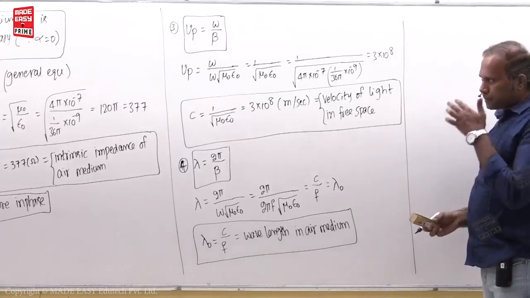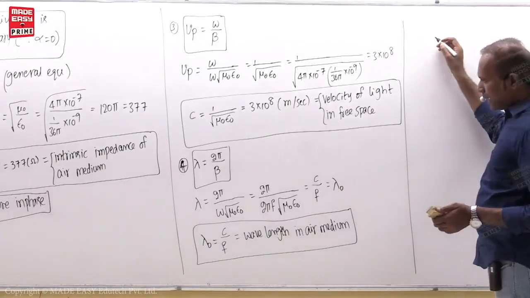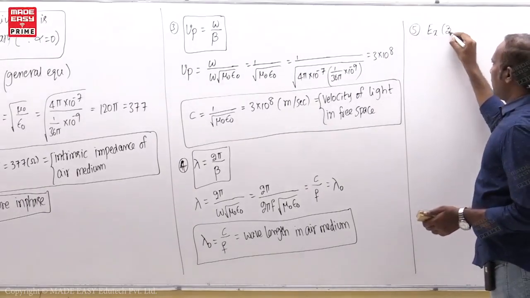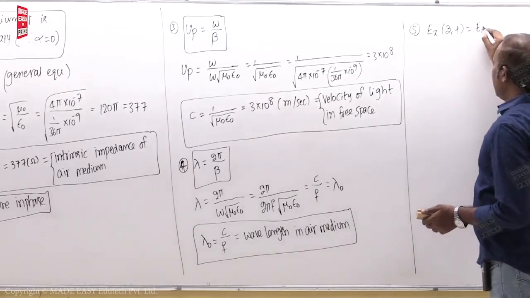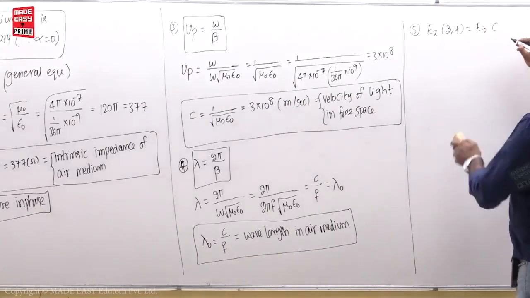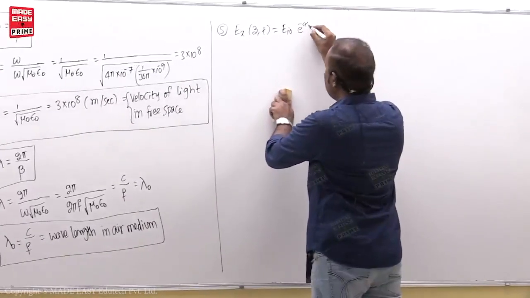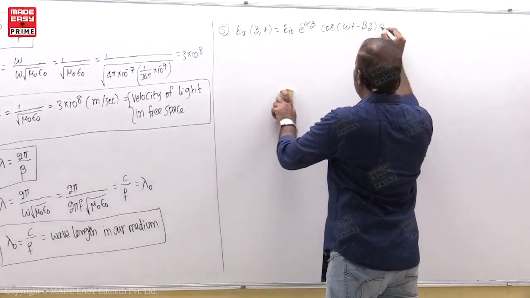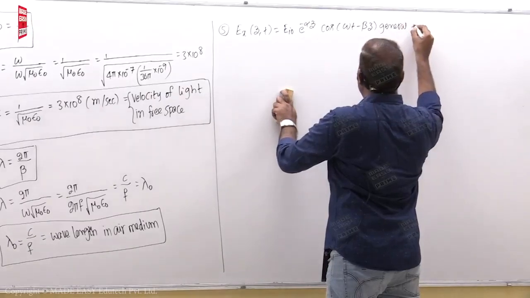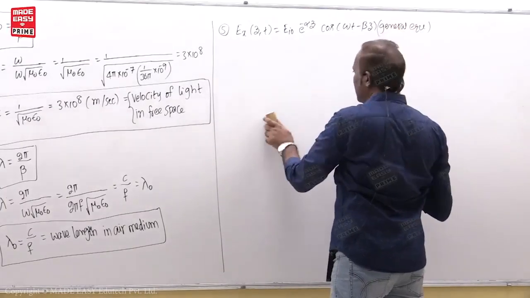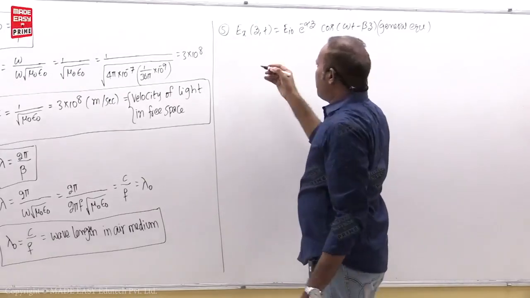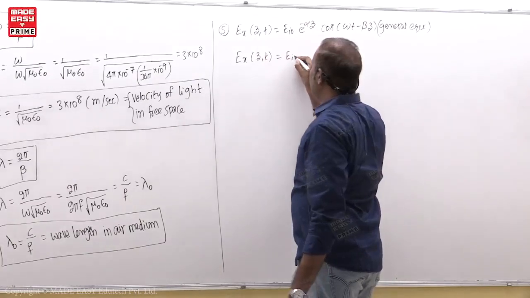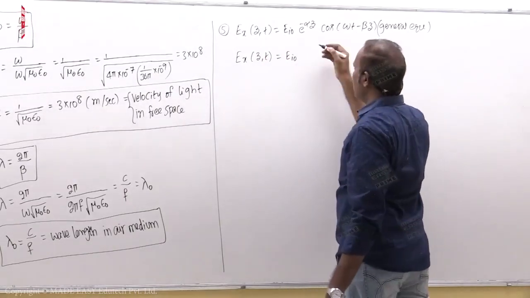Now, what is the electric field equation? The electric field equation, x component for a wave traveling in the z direction, is E_x = E_0 e^(-alpha z) cos(omega t - beta z). This is actually the general equation, dear students. But for air medium, alpha is 0, and e power 0 is 1.